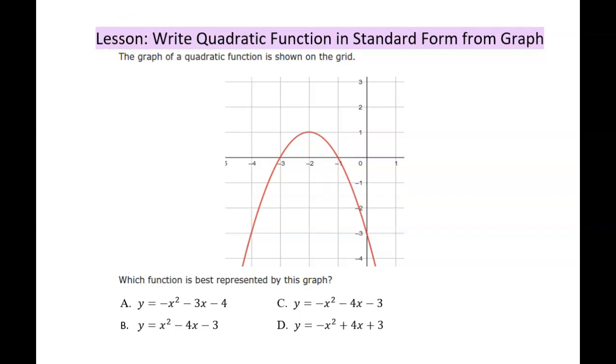So once again, those 3 points were (-2, 1), (-3, 0), and (-4, -3).